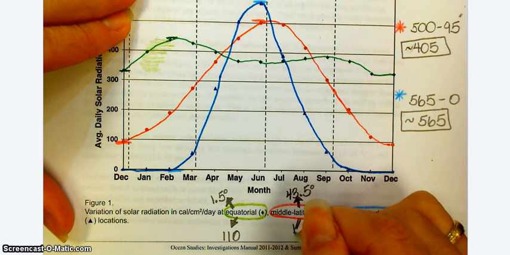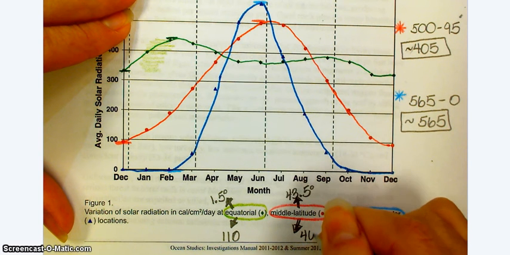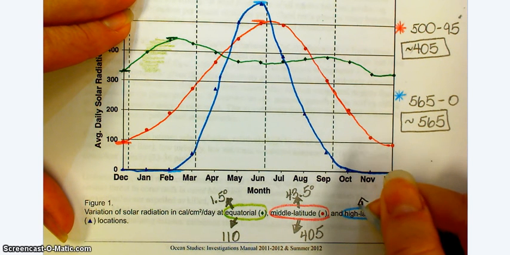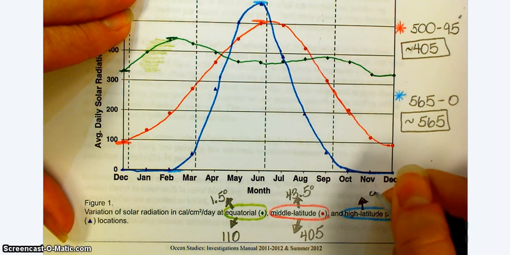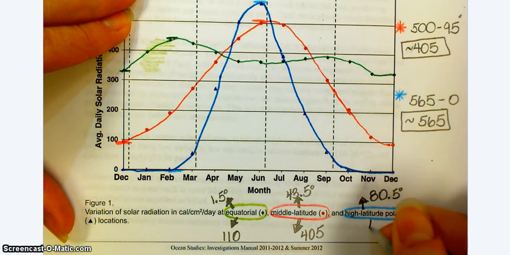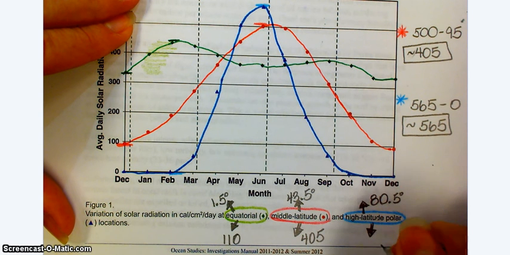And our range that we calculated was 405. At our high latitude location, the latitude was 80.5 degrees, and our range, sorry about that, our range was 565.